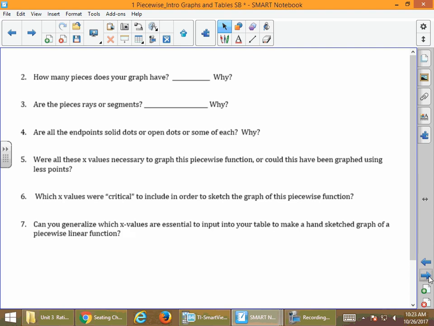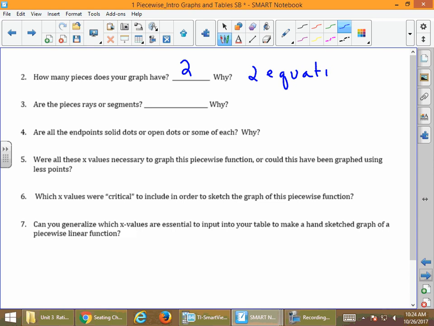And the second question is, how many pieces does our graph have? Well, we've got 2. And what's our reason why? Well, we had 2 equations. Are these pieces rays or segments?